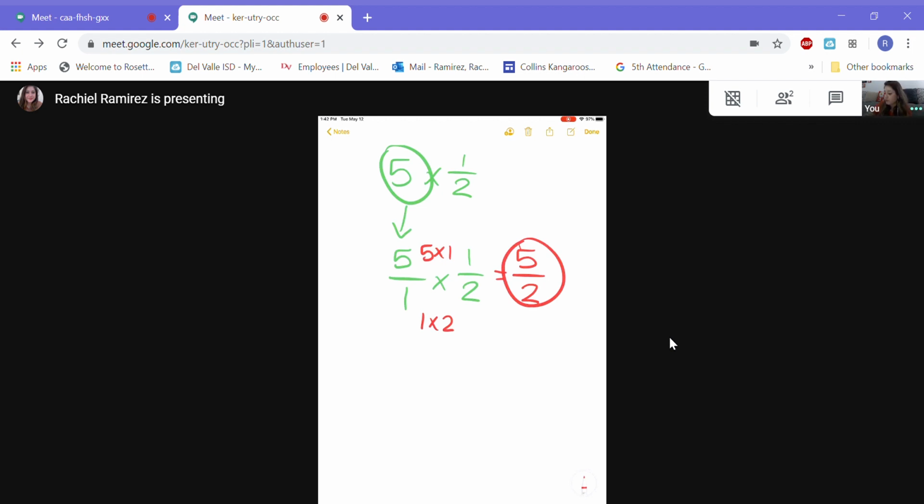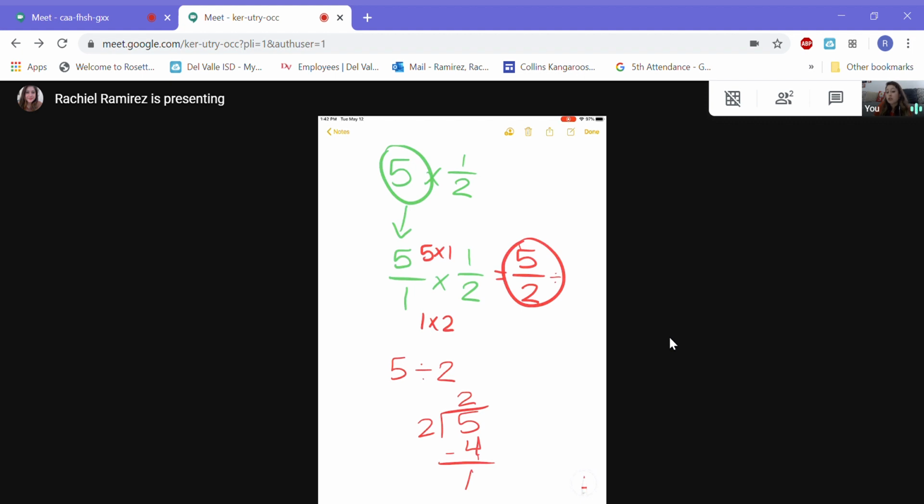All you have to do is divide 5 divided by 2. You can work it out. You can do it in your head. 2 can go into 5. 2 times 2 is 4. So you subtract that. You have 1 remaining.